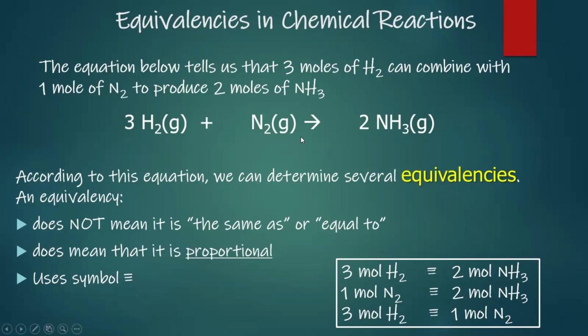Or we could say the 1 mole of nitrogen gas is equivalent to 2 moles of ammonia gas. So any of these things using these ratios from a balanced equation could be equivalencies to each other.